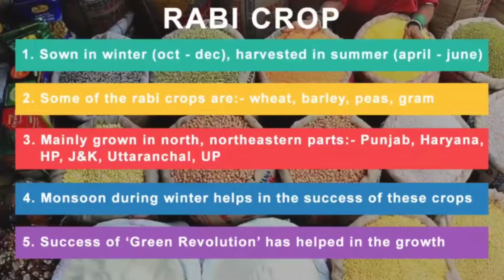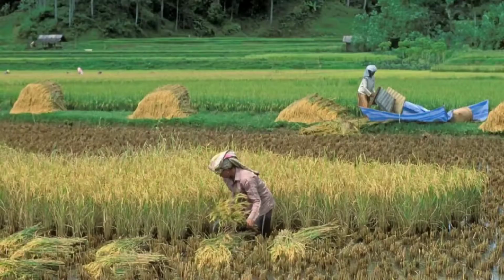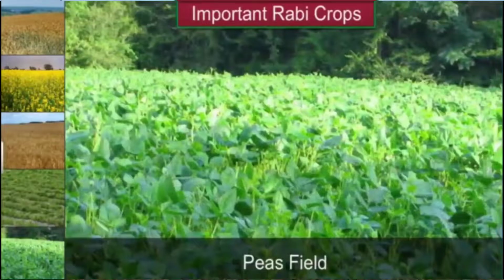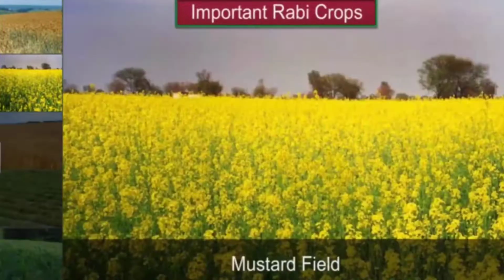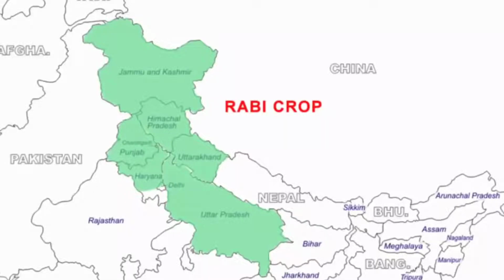First, rabi season. So in the rabi season, the crops are sown from October to December and they are harvested from April to June. And some of the rabi crops are wheat, barley, peas, gram and mustard. These crops are mainly grown in the north and northeastern parts of India like Punjab, Haryana, Himachal Pradesh, Jammu and Kashmir, Uttar Pradesh and Uttarakhand.